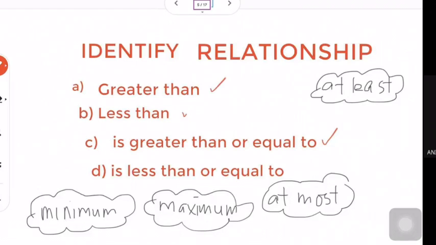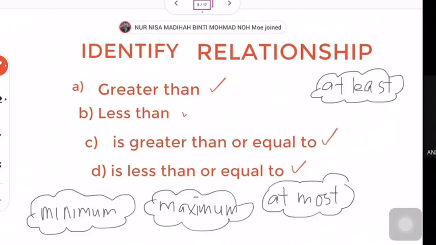Ni macam mana keadaan dia? Nanti kita akan tengok is less than or equals to. Okay, yang A dengan B tadi understood lah, because sama macam yang kita buat in the earlier slides. Okay, untuk A dengan B, no problem.